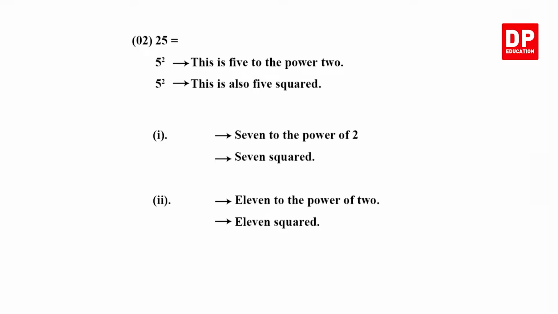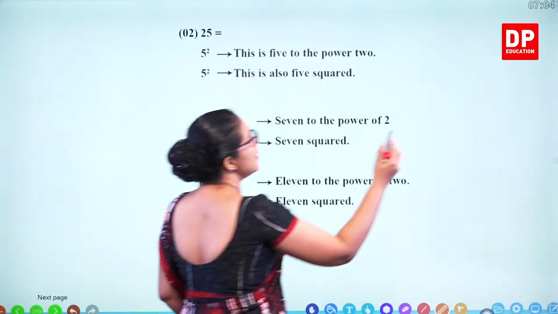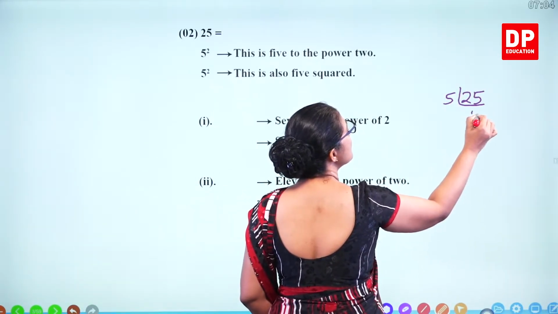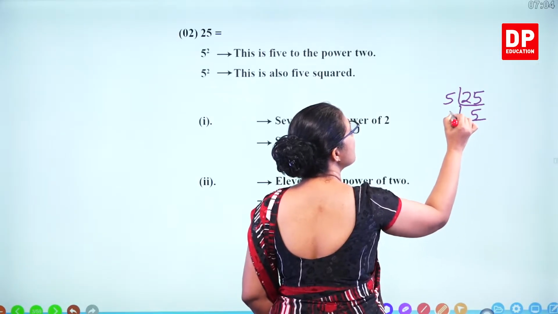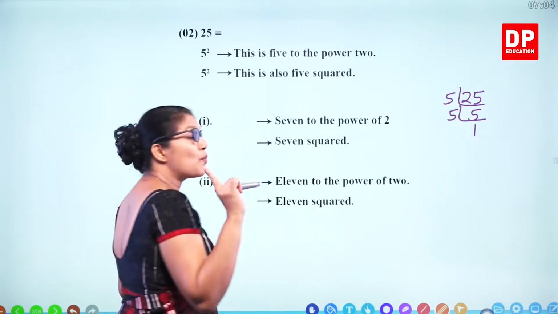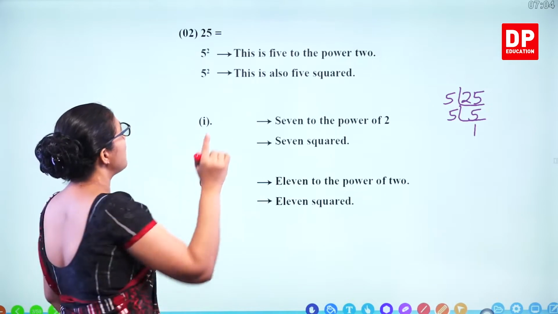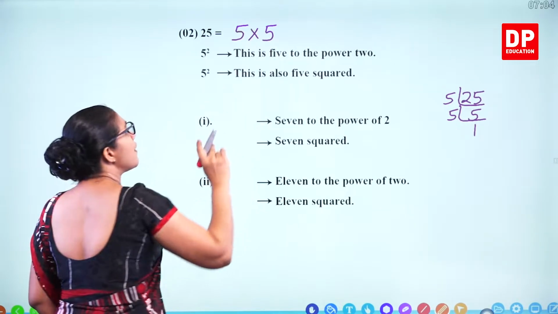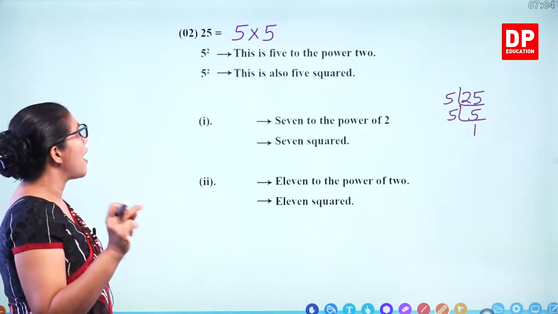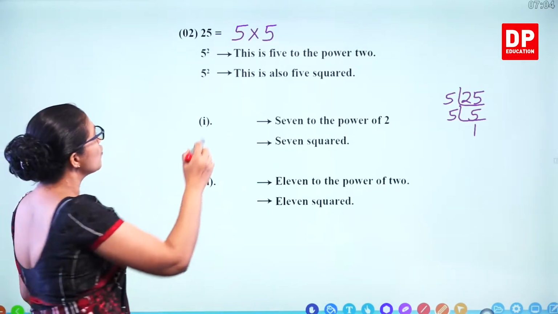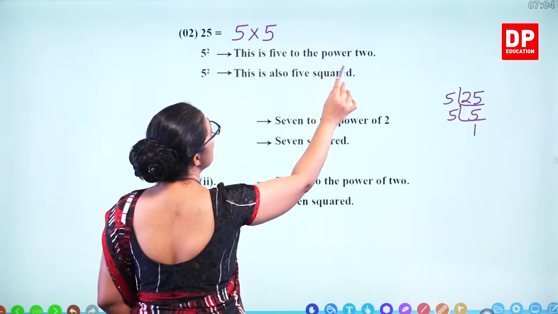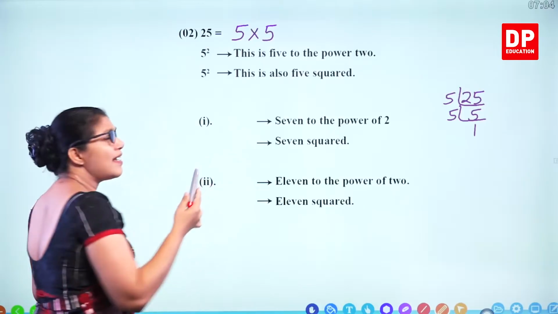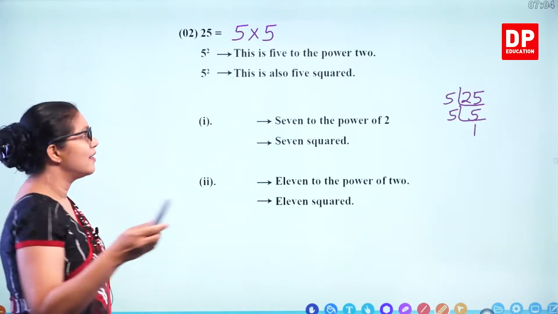What are the prime factors of 25? Take 25. You can divide by 5. That's 5, 5 times 5 is 25. Divide by 5 again, you get 1. So 25 you can write as 5 times 5, 5 two times, 5 to the power 2. So this is 5 to the power of 2, and you can say 5 squared.